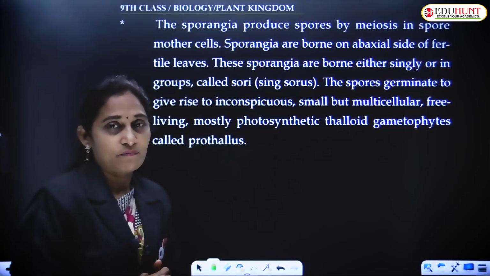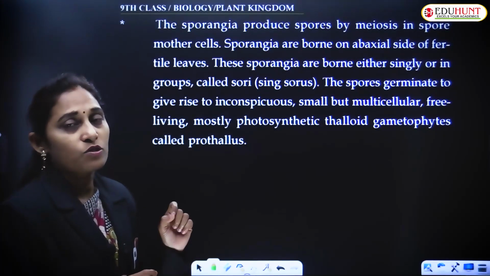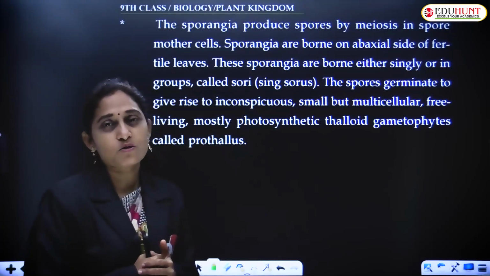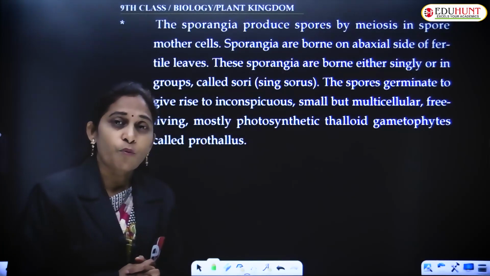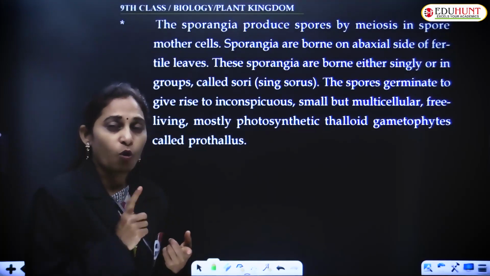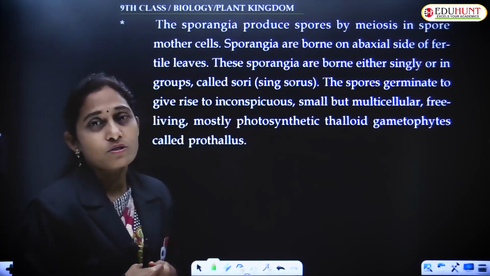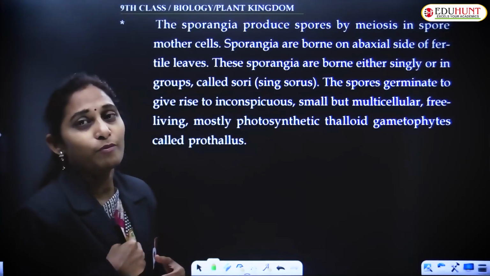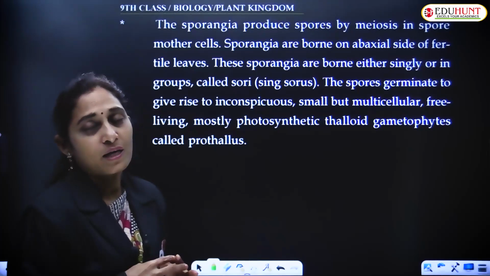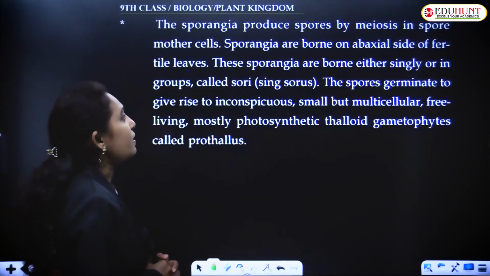For example, if the mother plant has 20 chromosomes, the sporophylls have 20 chromosomes, sporangia have 20 chromosomes, and the spore mother cells also have 20 chromosomes. But after undergoing meiotic division, they produce spores, and the spores are haploid in nature. That is, they have only half the number of chromosomes, that is 10 chromosomes. I am just giving an example.